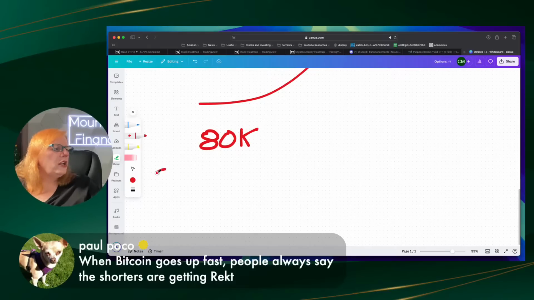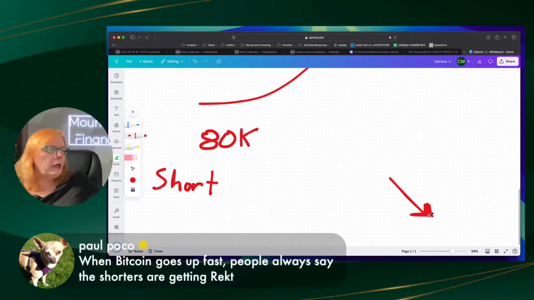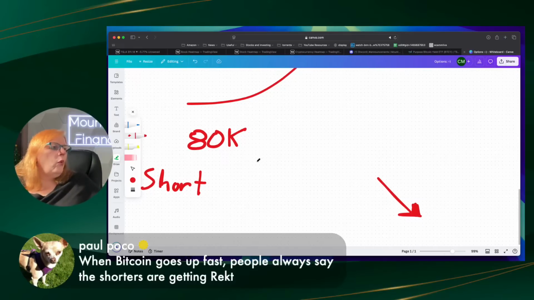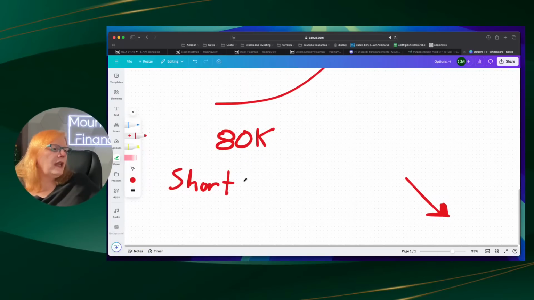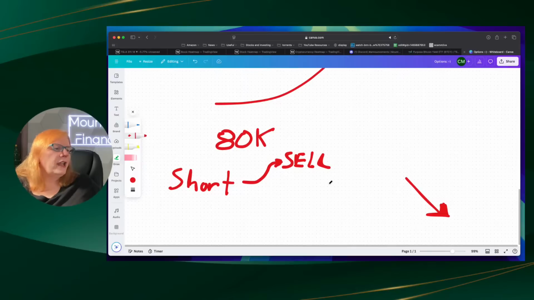So if somebody is trying to short, they're expecting Bitcoin to be going down. That's their whole idea of shorting it. So because they're expecting Bitcoin to go down, they're basically going to say that they will sell their shares at a strike price.